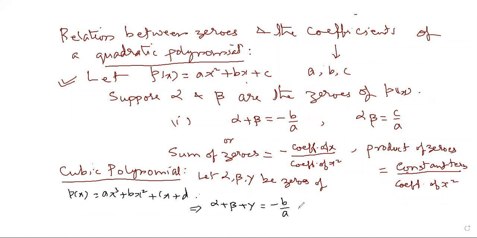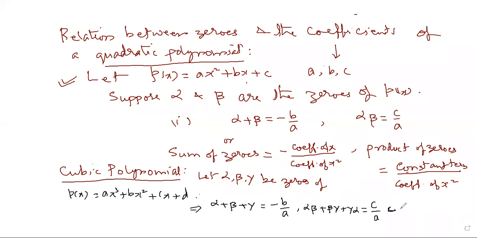The second relation is the sum of their products: alpha beta plus beta gamma plus gamma alpha, which will be equal to c upon a.